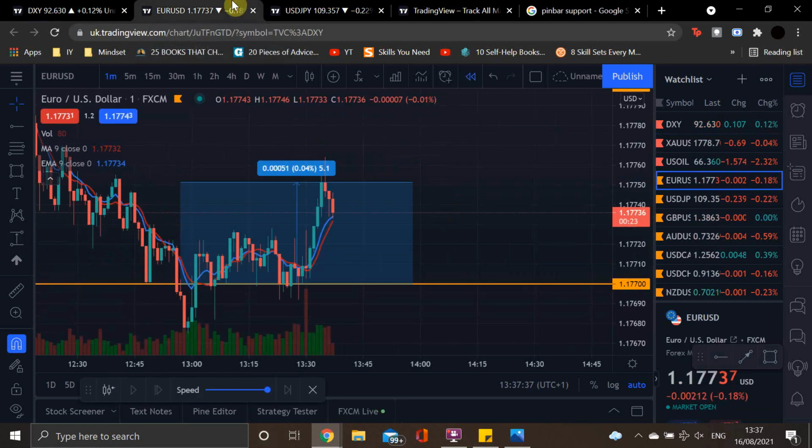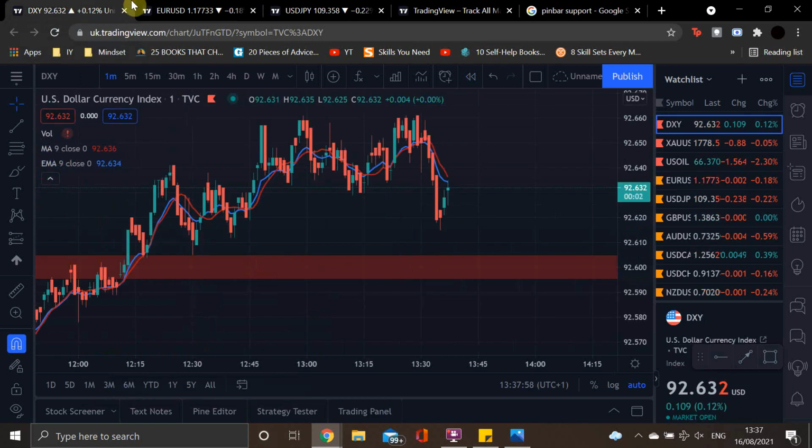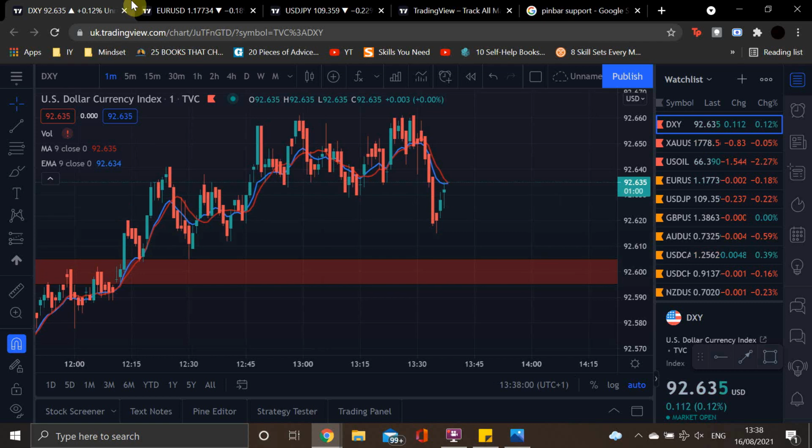I need more confluences as well. What's my trading plan? I'm still far away from the main goal. I don't want to get caught on the wrong side of the trade. I want to be on the right side of the trade. So I really need to wait.